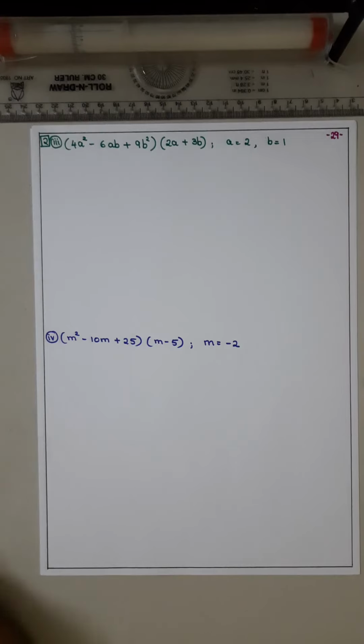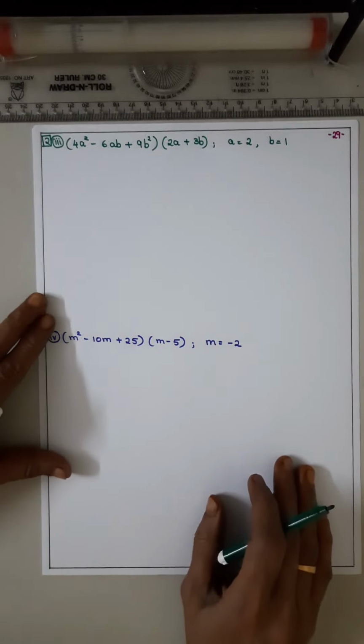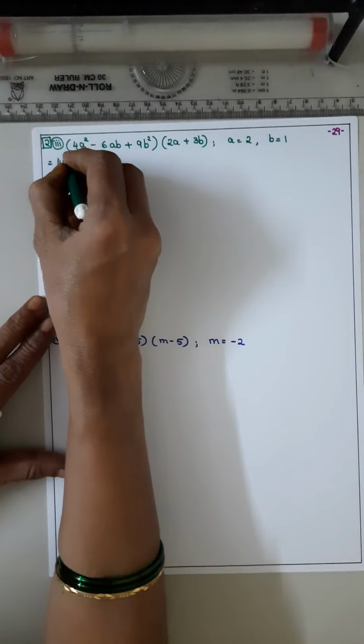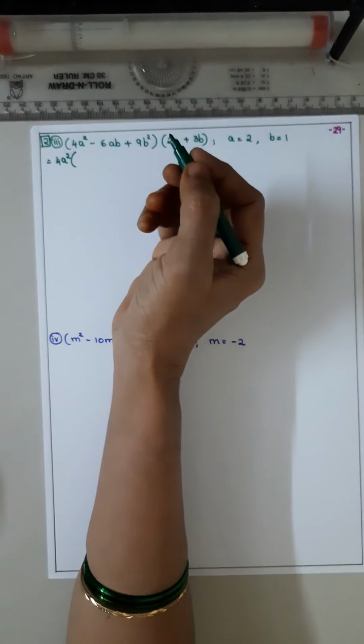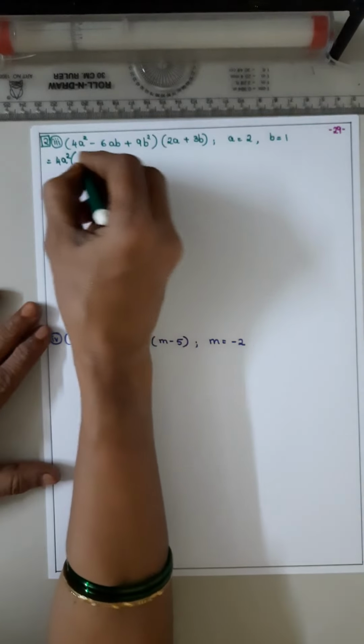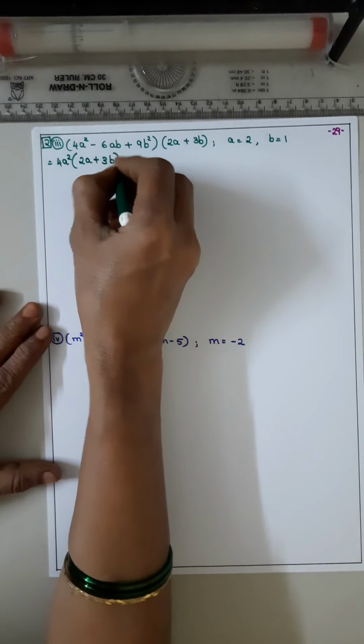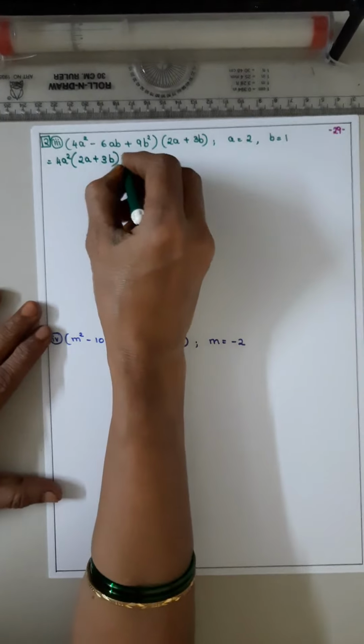It is 4a squared minus 6ab. Okay, we'll solve first how. 4a squared, bracket open, 2a plus 3b. Method is same. Follow the method.